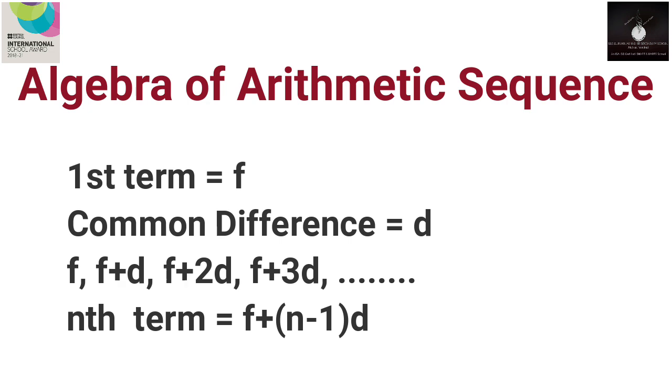So here the first term f, second term f plus d, third term f plus 2d, and fourth term f plus 3d, and so on. So the nth term equal to f plus n minus 1 into d.